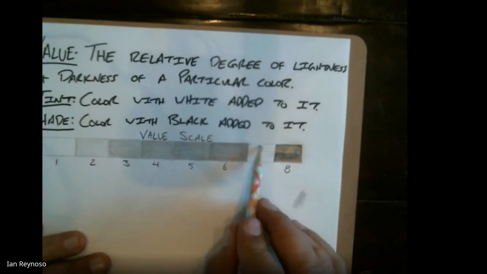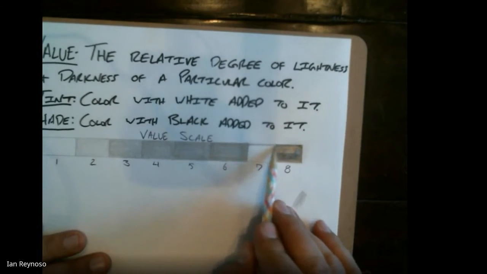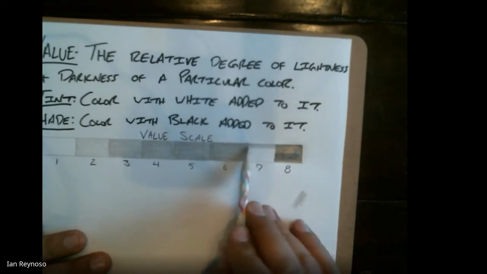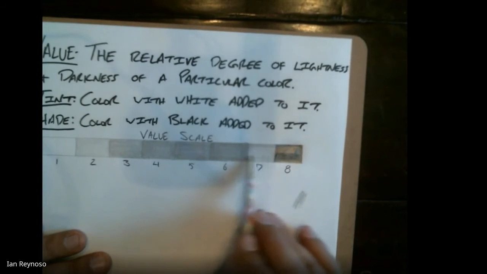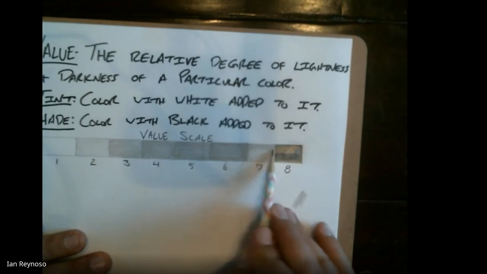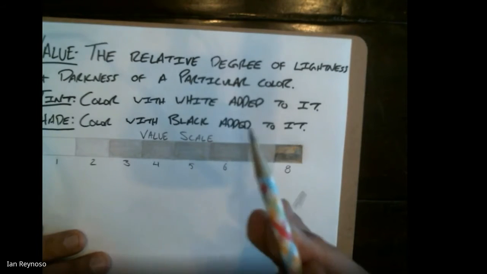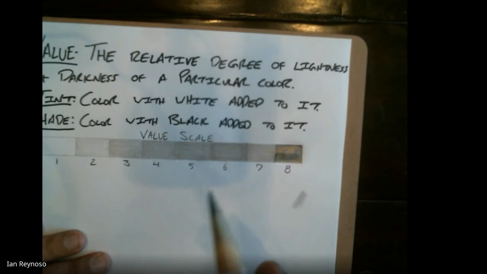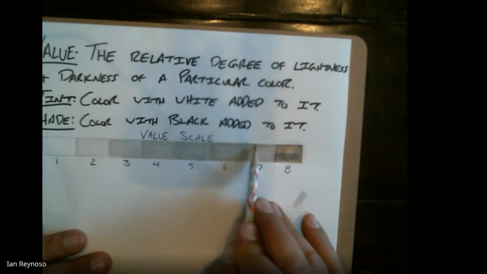Then my last one, I'm going to go almost a full dark to get my 7. You might be able to see the tip of my pencil is flattening out a little bit. I'm holding it again like a wand.